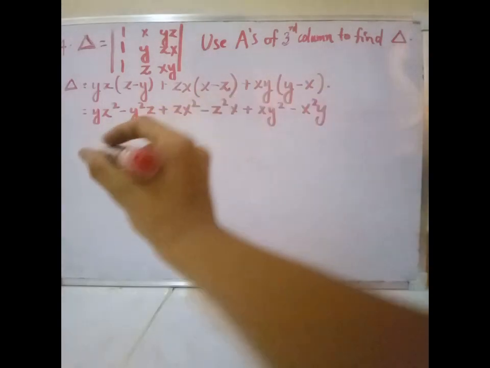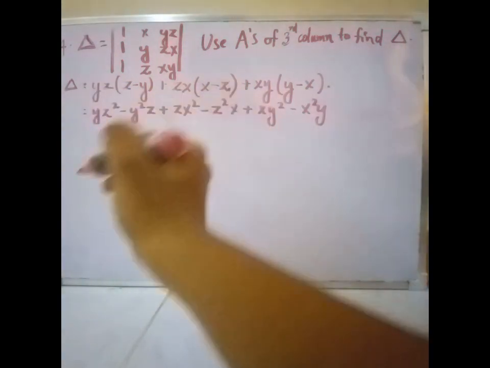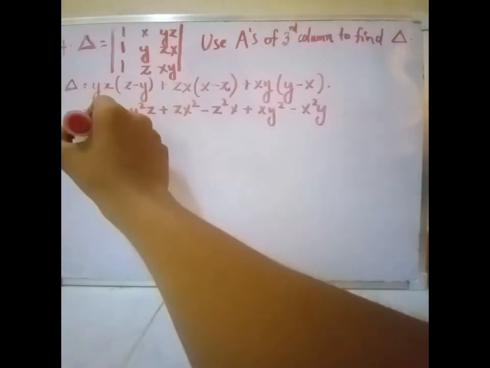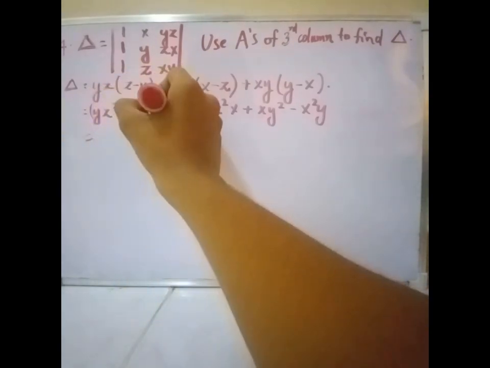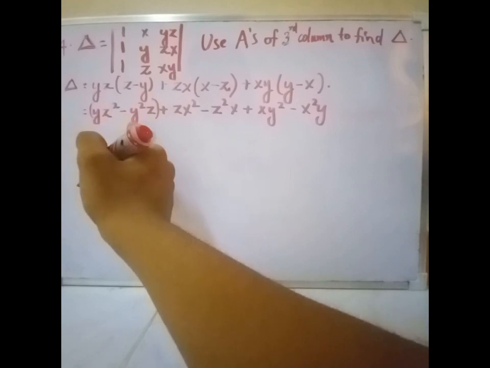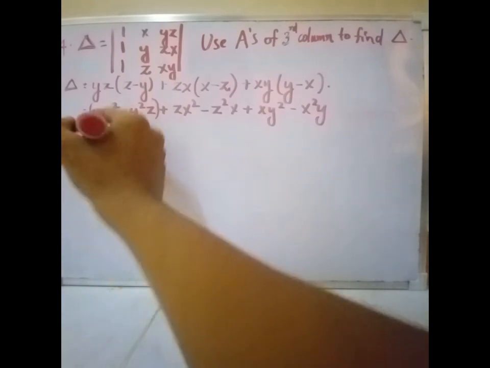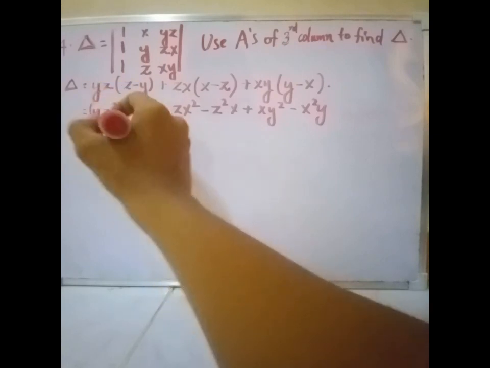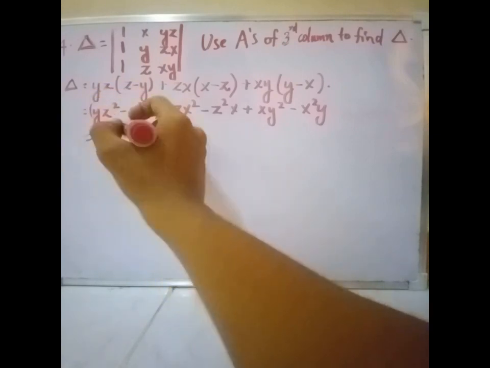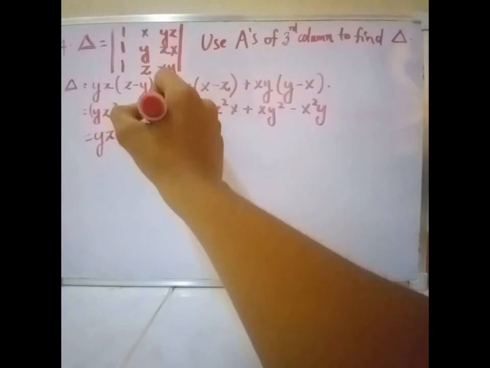Now we can take certain things common after we expand the brackets. So first let's take these two things together. So yz is common in both of these terms, so you can take it out. So z is left out here, and y is left out here, minus y.